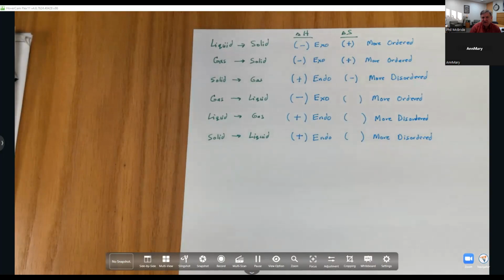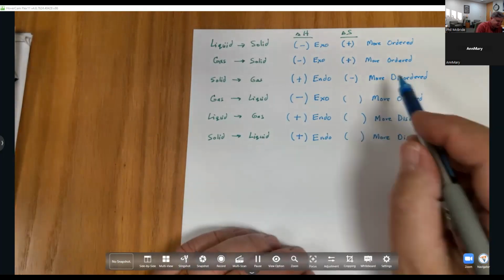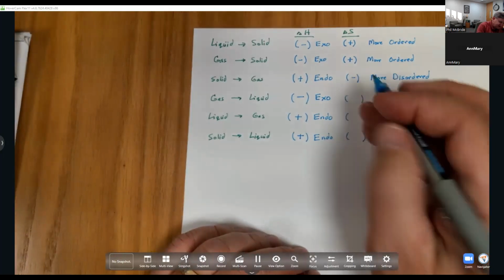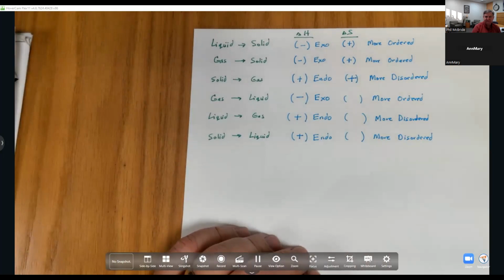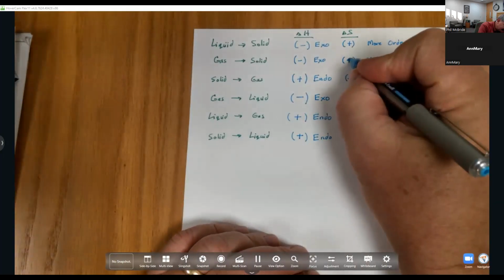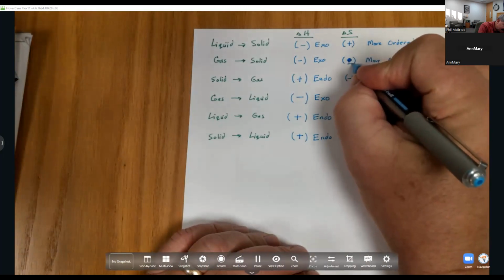So the higher it is, the more disordered it is. So the greater the number, the more disordered it is. So if it's disordered, it's going to be positive. And if it's ordered, it's going to be negative.